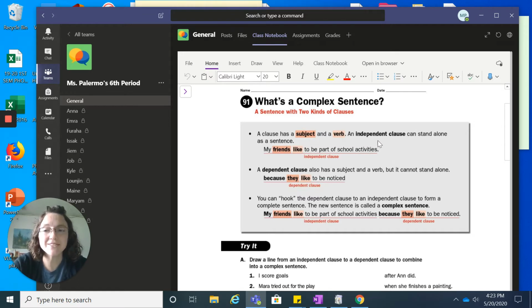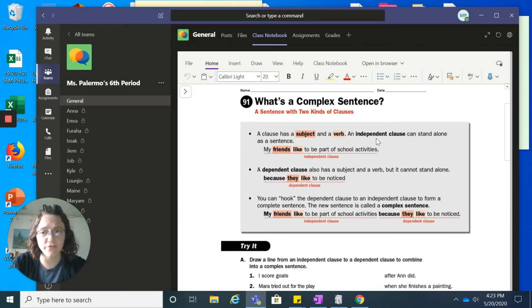So an independent clause then, just like you, can be on your own without your family members, without the adults in your life, and you'd be able to survive. Just like you're independent, a clause that's an independent clause can be by itself, and it's a perfectly good sentence.